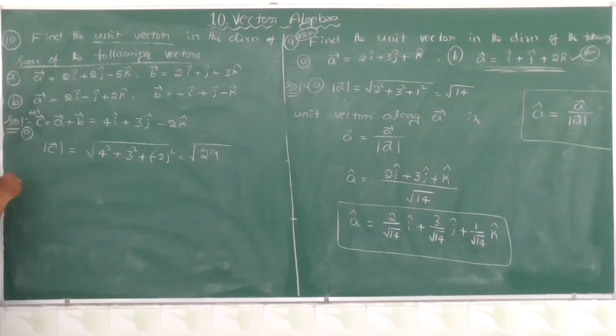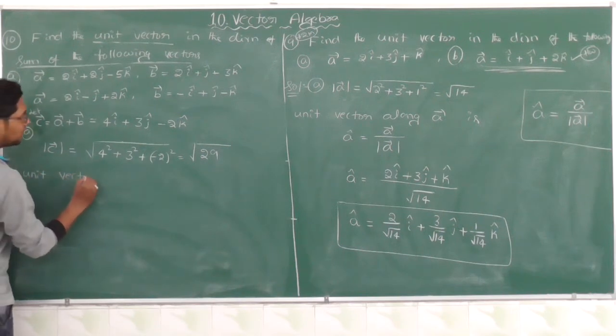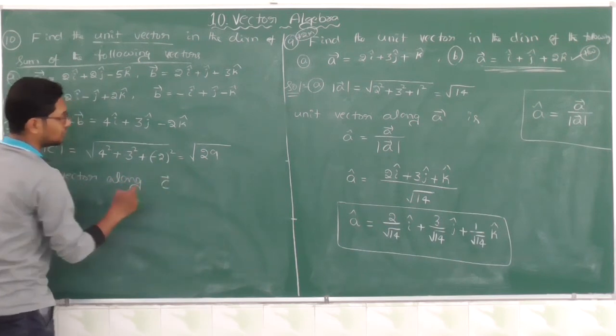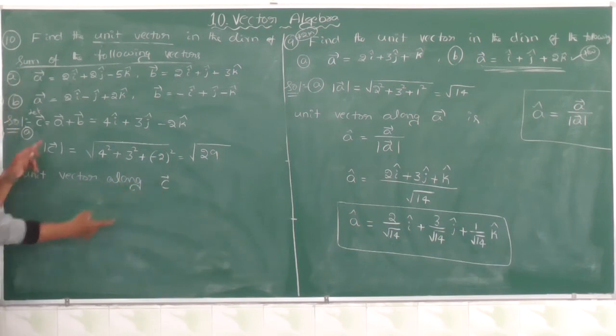Now the unit vector we have to find. The unit vector along the C vector, because here I am taking C vector. At the start of this problem, I defined this vector as C vector.